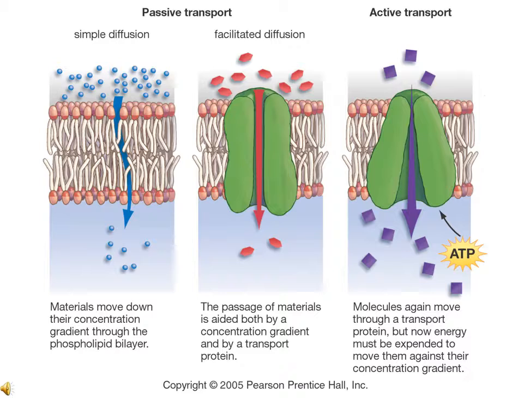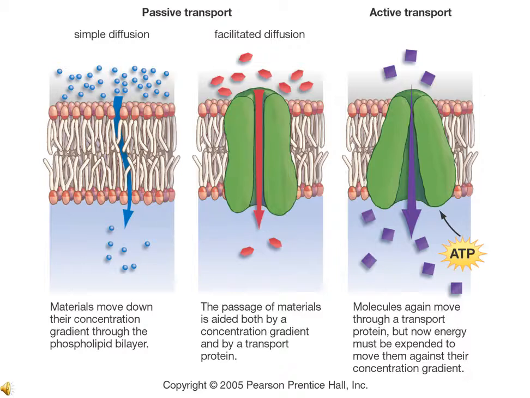Now finally to the right, we'll look at an example of active transport. In this case, something else is going on. We have a protein that's embedded within the lipid layer. But this protein, yes, it also facilitates the diffusion of the blue molecules. But the only way that happens is if energy is provided by the molecule ATP, adenosine triphosphate, that you will learn a lot more about later on when we deal with the chapter on energy.